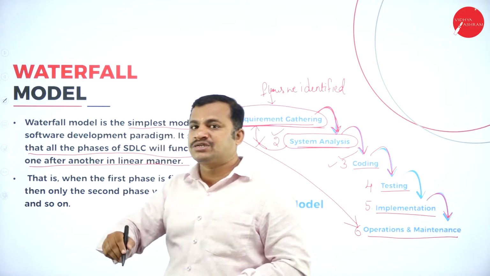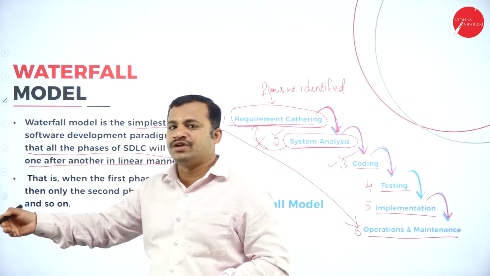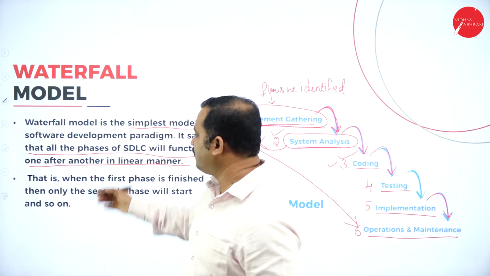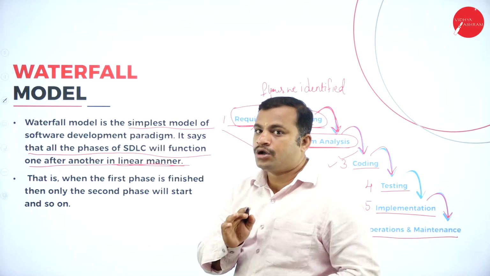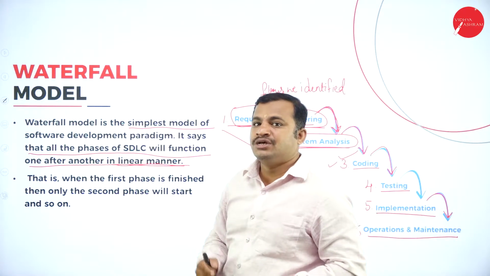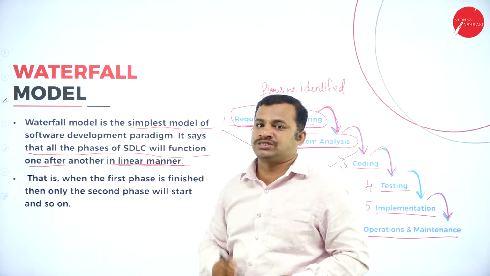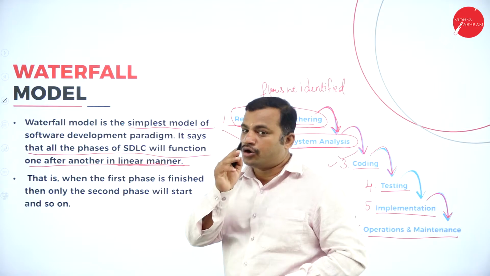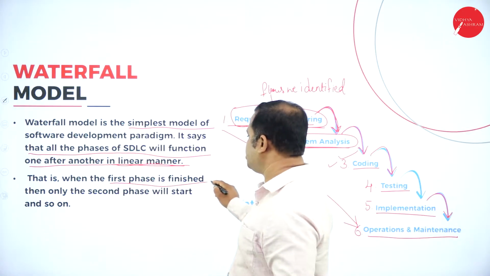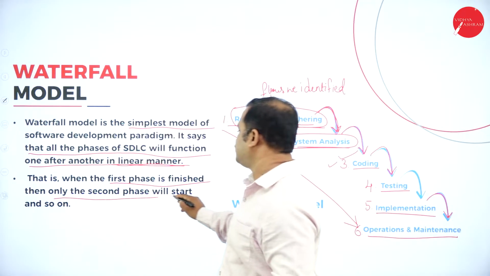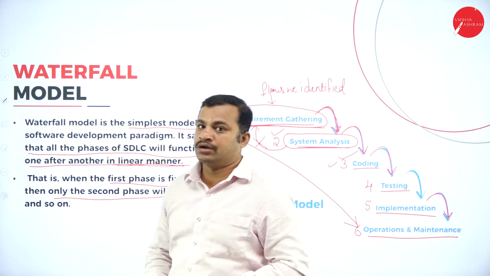Once the third phase is completed, we move to the fourth phase, and so on. So that is the case, we consider it a linear manner of progressing towards the next and subsequent phases in the waterfall model. Similarly, when the first phase is finished, only then will the second phase start, and so on.